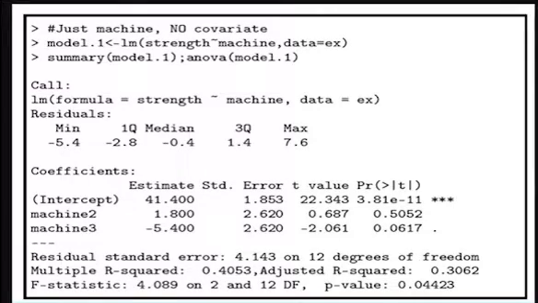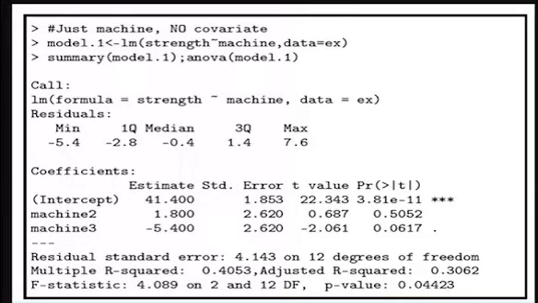You don't talk about the intercept. We talk about the machines that appear in your output, machine 2 and machine 3. Since none of them is significant, what this is telling us is that machine does not have a significant contribution to the strength.